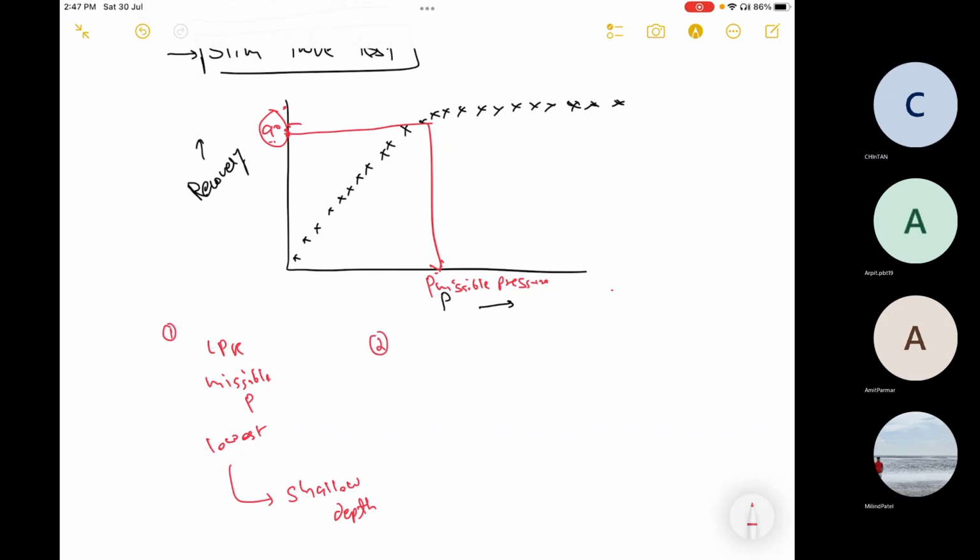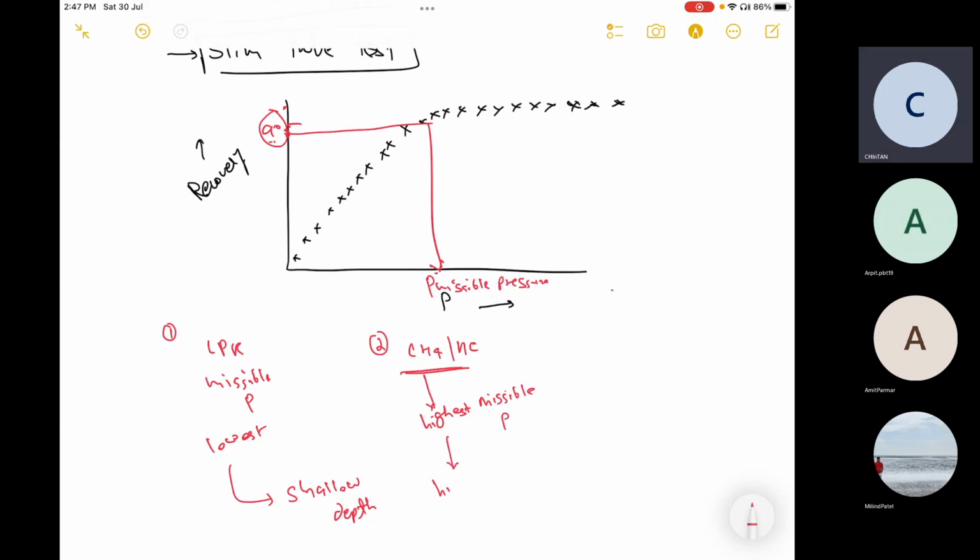Second thing, methane or light hydrocarbon has the highest miscible pressure, and this is used at higher depth. Third one, let's talk about CO2 injection. We haven't discussed that yet, but I'm writing the benefits of CO2 injection as a miscible injection gas. It has a lower miscible pressure.